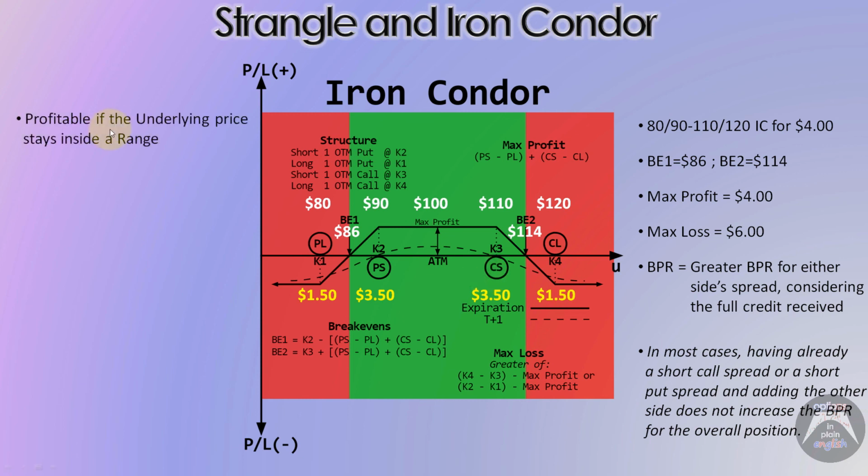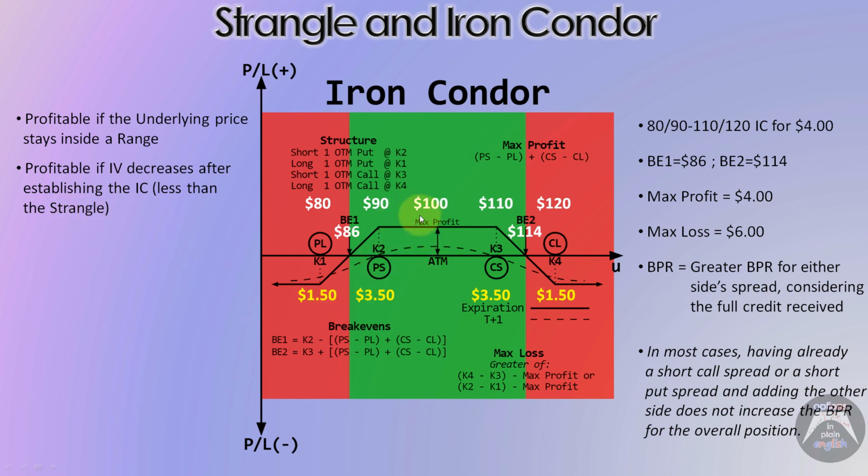An Iron Condor is profitable if the underlying price stays inside the range. So same thing as a Strangle. It's going to be profitable if the IV decreases after establishing the Iron Condor. However, those profits are going to be less than the ones for the Strangle. Why?